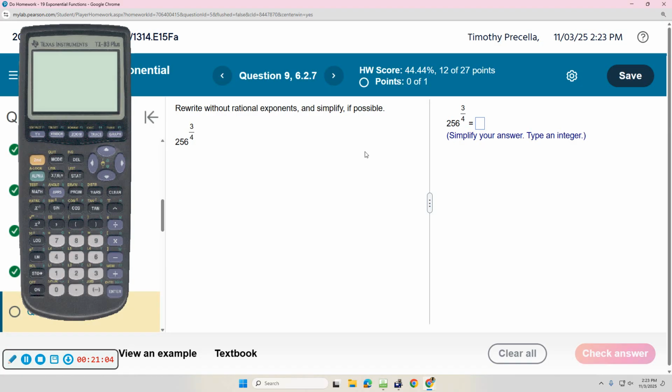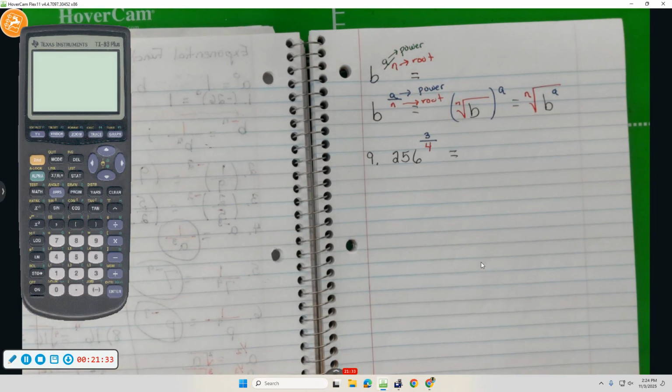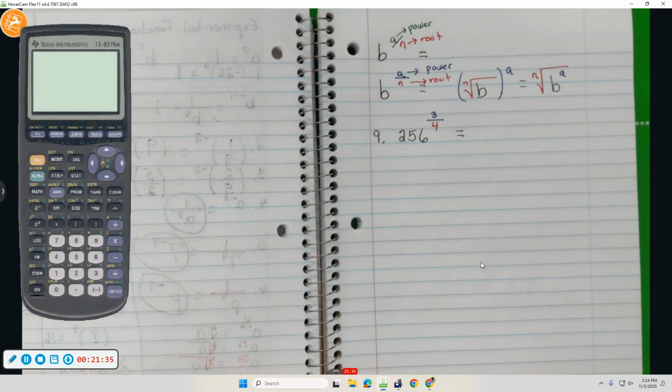This is one where you definitely want to do the root first and then the power. 256 to the 3 over 4 power. Okay, 256 raised to the 3 over 4 power.